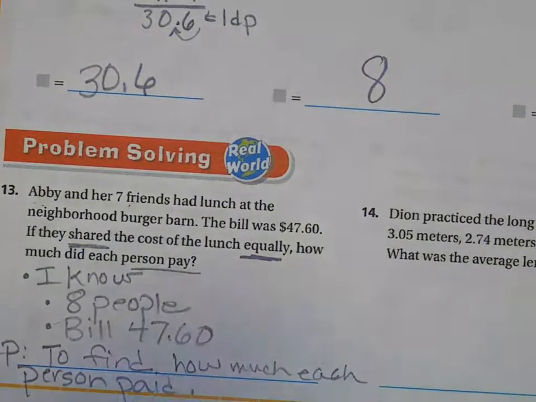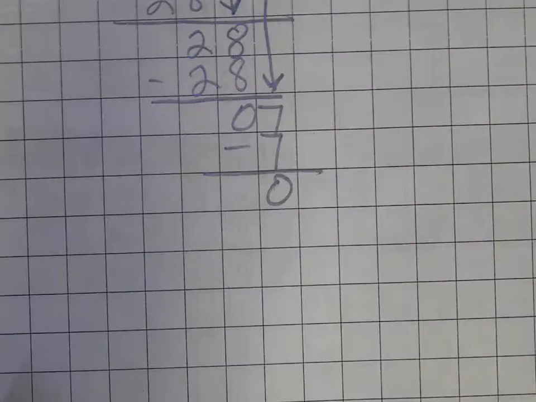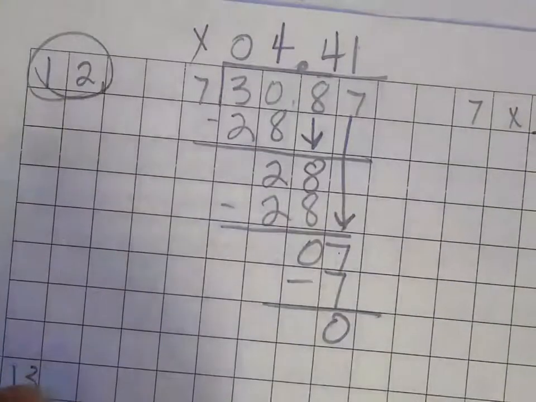All right, so let's go ahead and divide that out. What's my equation? Very good, $47.60 divided by 8, because it's the money that I'm going to be sharing or splitting amongst the 8 people. I'm not going to split the 8 people apart and give it to the money. That doesn't make any sense, does it? A little weird.